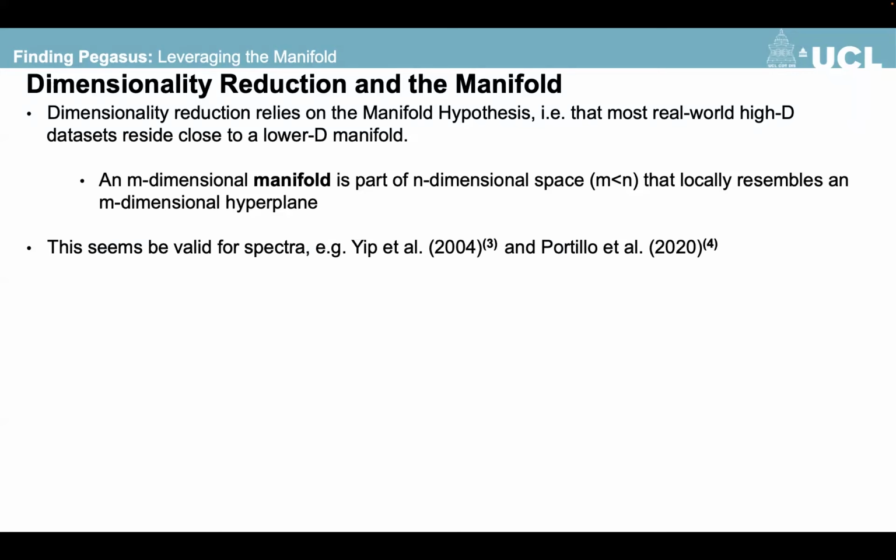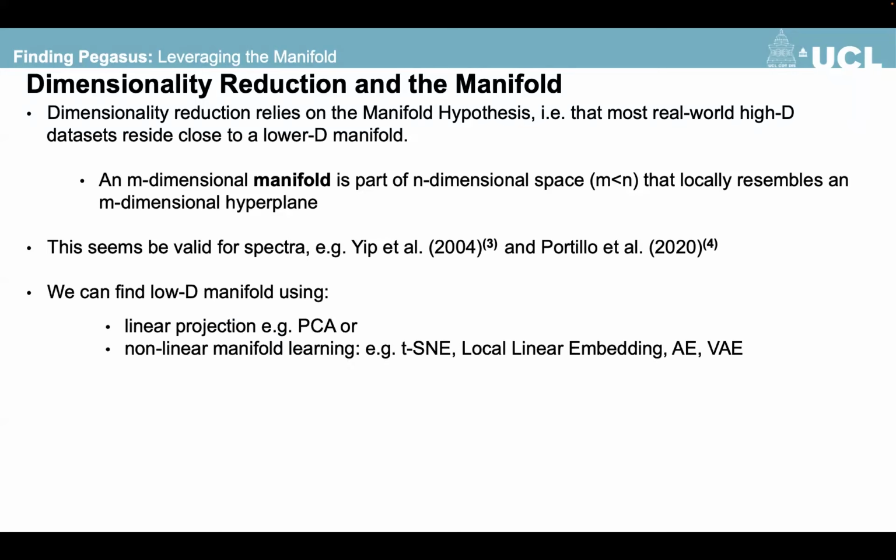There's a nice body of work by a bunch of authors. I've just mentioned a couple there, Yip et al. and Portillo et al., where they showed that you can represent astronomical spectra well in a very small number of dimensions.